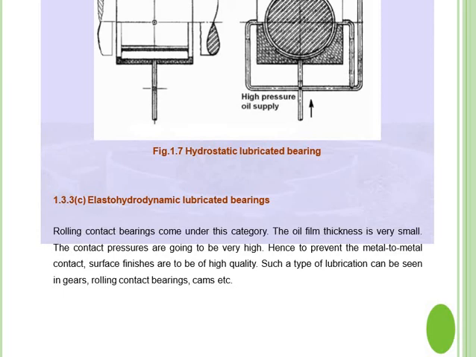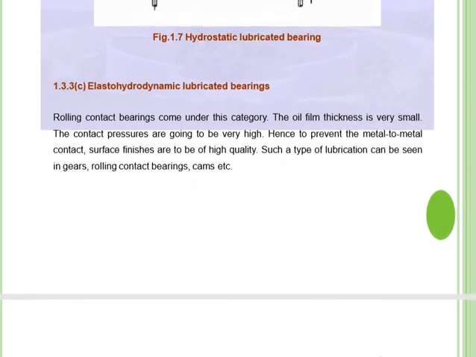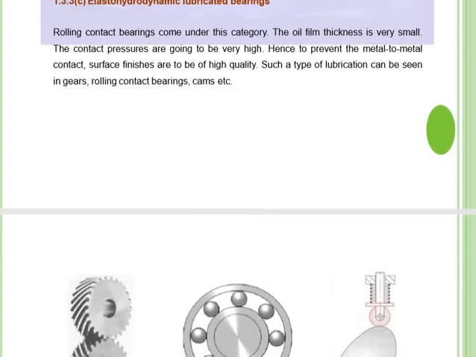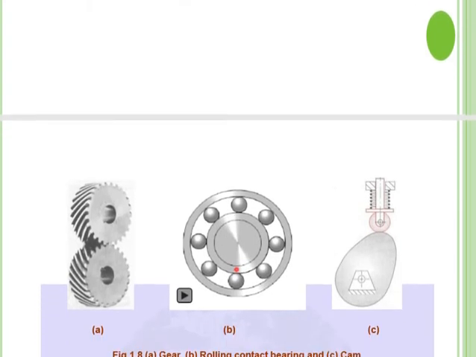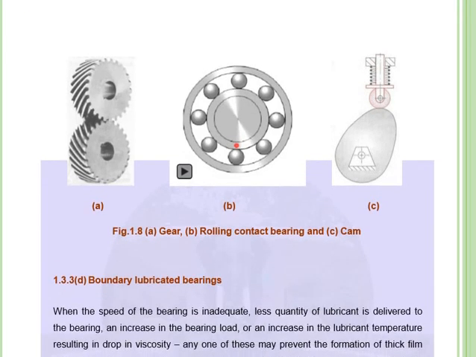Elasto-hydrodynamic lubricating bearings: we are going to see rolling contact bearings, cams, gears, all these things. We can see this type of lubrication. First we show two gears.